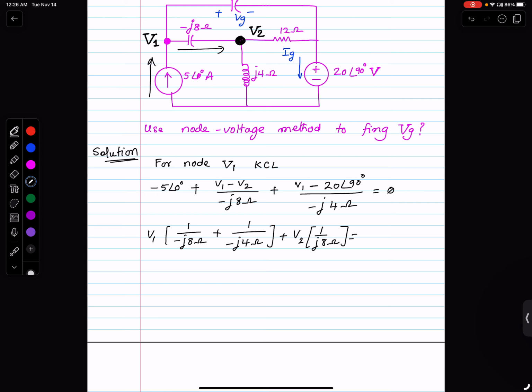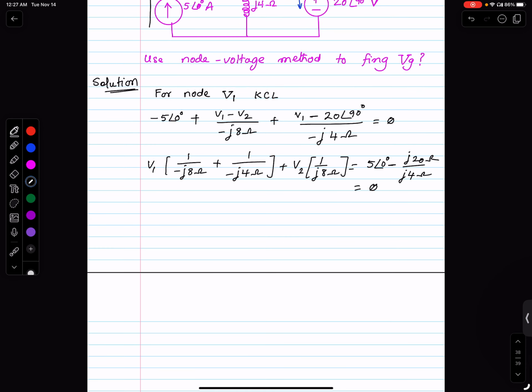All of that equals 5 angle 0 degrees minus 20 angle 90 degrees by negative J4 ohms. All of this equals 0. This cancels actually to 0. So that is for node V1.